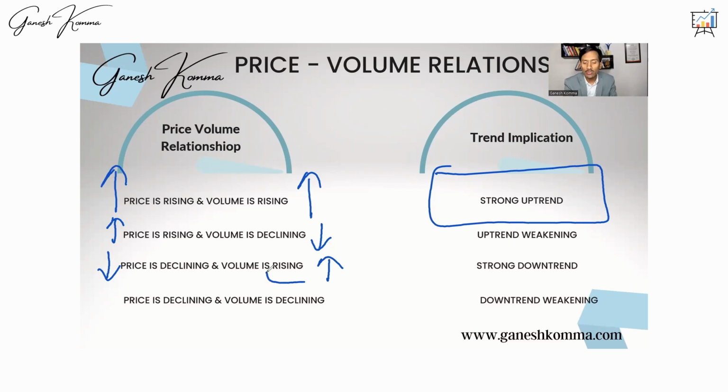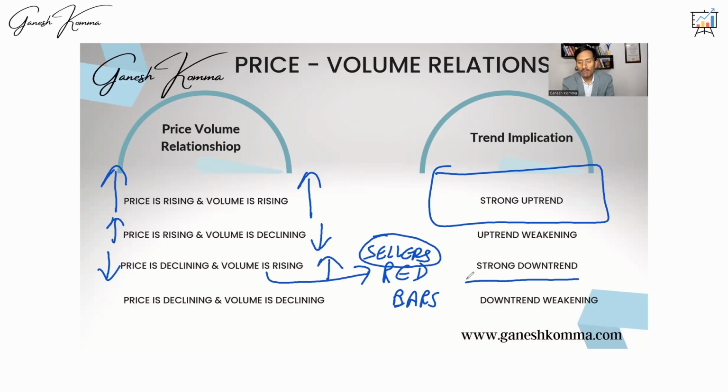So here you see your red bars. Red bars means sellers are there, right? And yes, sir, why are we learning this? Once you understand the relationship between price and volume, you get to know what decisions you have to take in the market, right? So this kind of market reflects a strong downtrend.